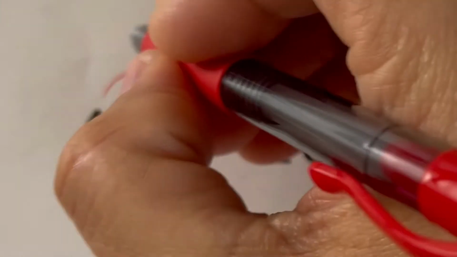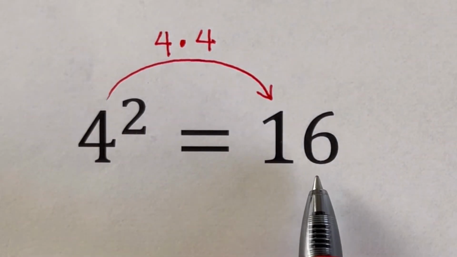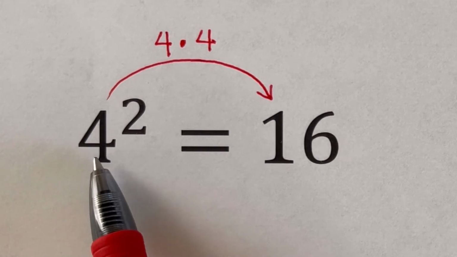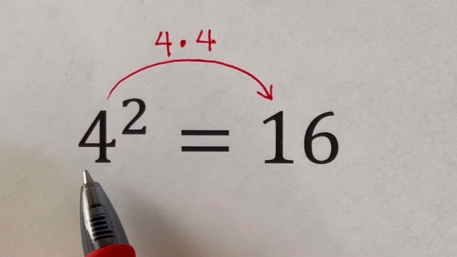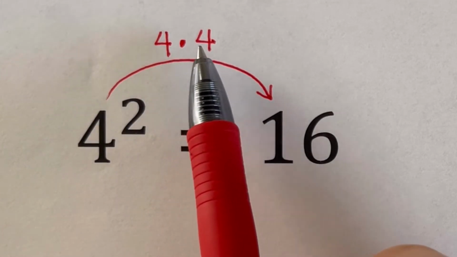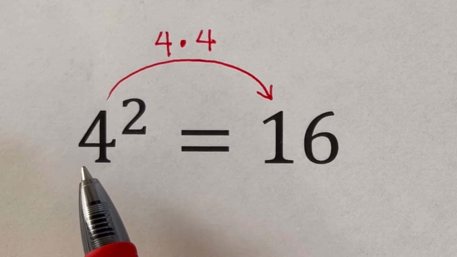Squaring the 4 means we multiply 4 twice. That means 4 times 4, that gets 16. Please remember that this is not 4 times 2. This 4 squared means 4 times 4, meaning we multiply 4 by itself twice.